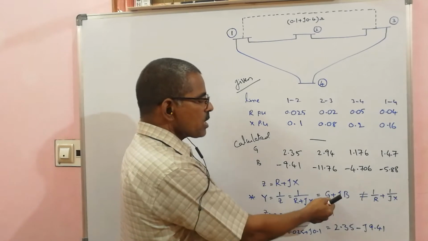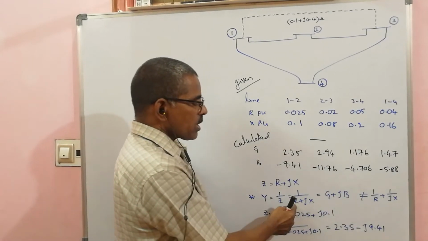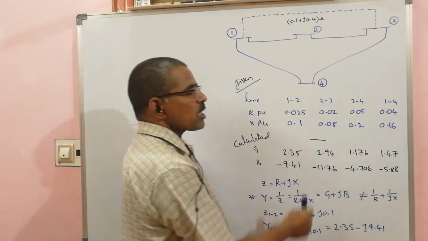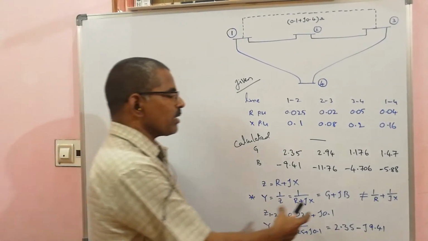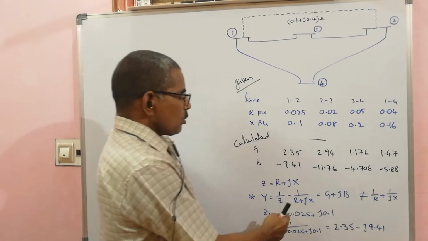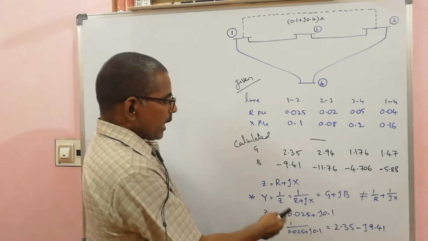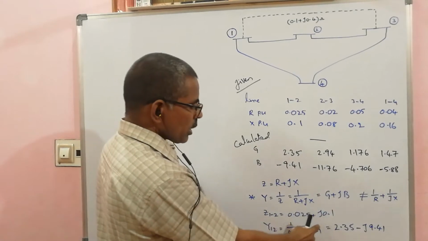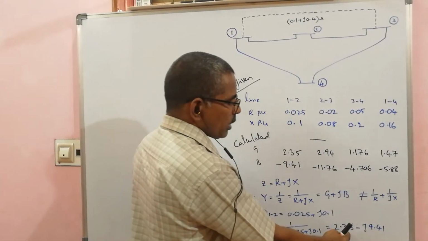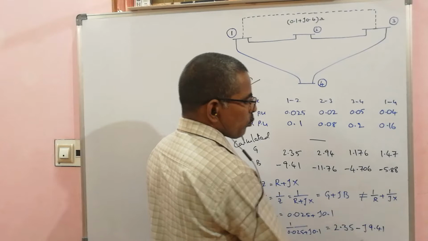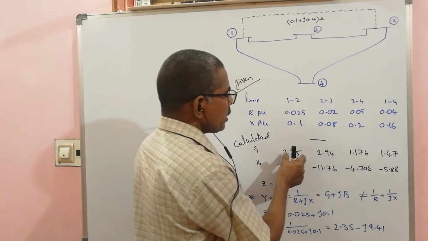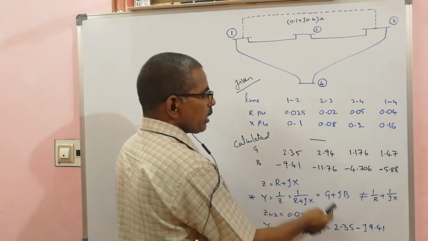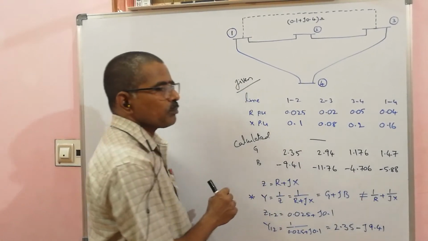The result is G plus jB. This is resistance and reactance, and this is conductance and susceptance. You should get this value. So when you calculate Z12, which is 0.025 plus j 0.1, the reciprocal is 2.35 minus j 9.41. So 2.35 is conductance G and the susceptance is 9.41 with a negative sign.